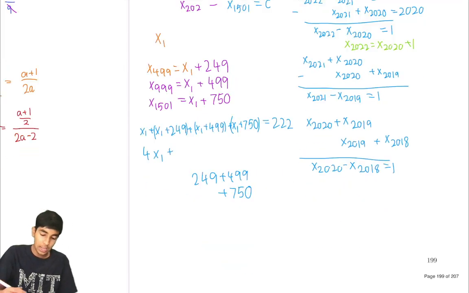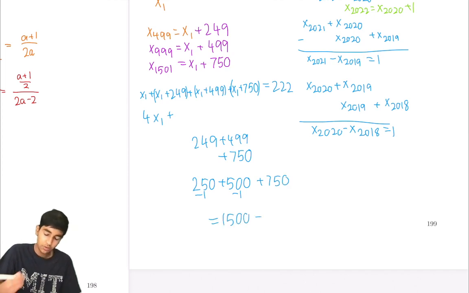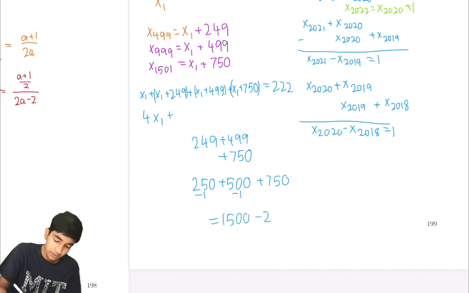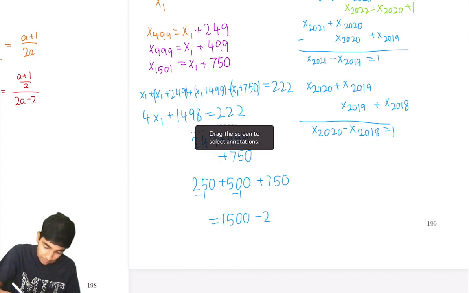And there's a neat little shortcut you can use. 250 plus 500, 250 minus 1, 500 minus 1 plus 750. That's 1500, 1500 minus 2, 1498, equals 222. And we can move this out of the way.